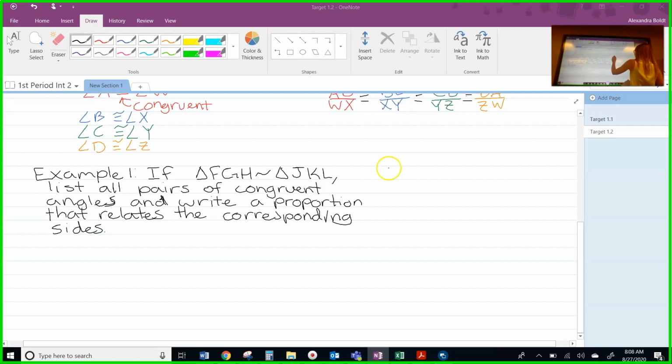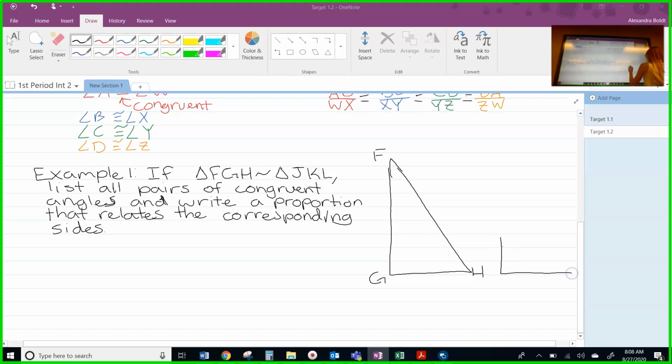Okay, so there's my two triangles. And I have this triangle, it's going to be F. And we're going to have this triangle, which is going to be J.